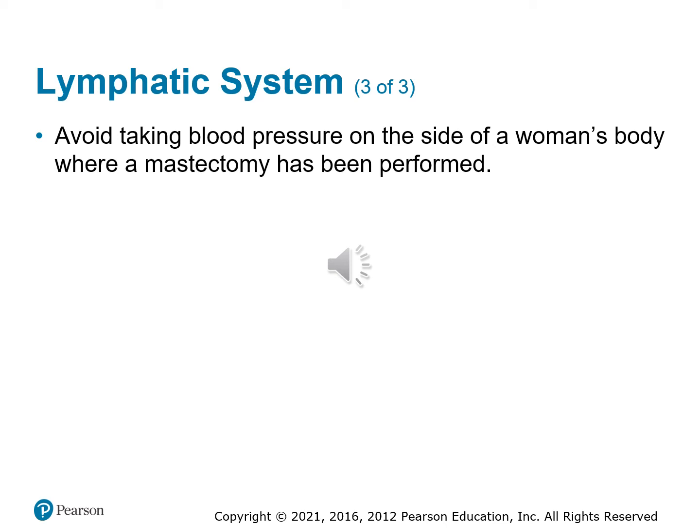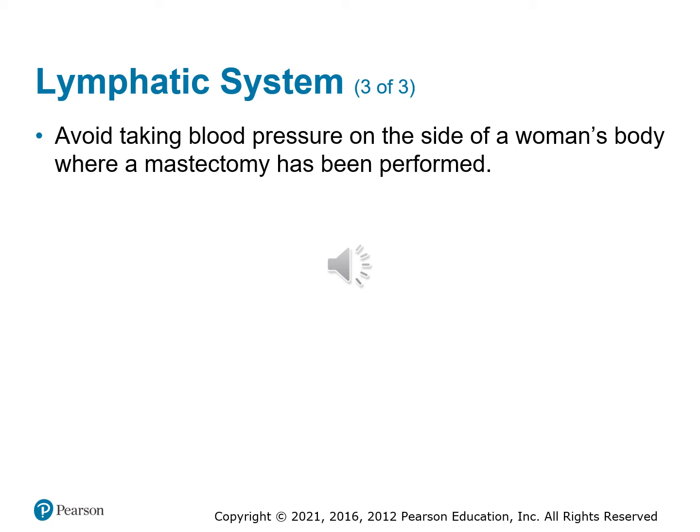Now we do want to mention the lymphatic system is important because with that, in a patient who's had a mastectomy, we want to avoid taking blood pressures on the side where that mastectomy was performed.